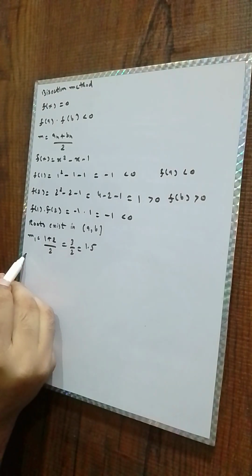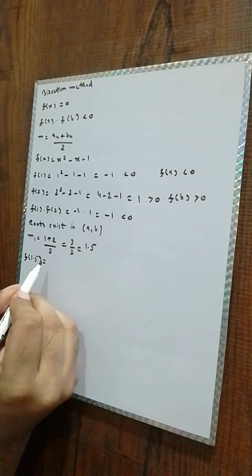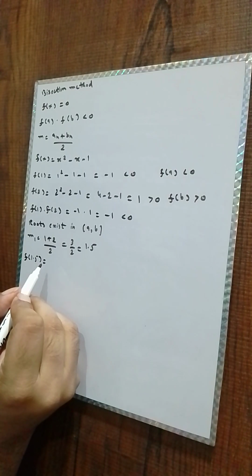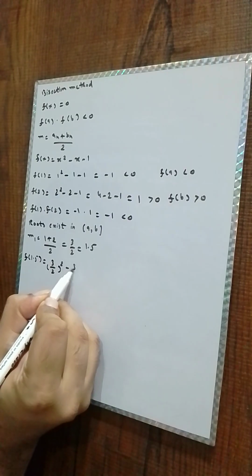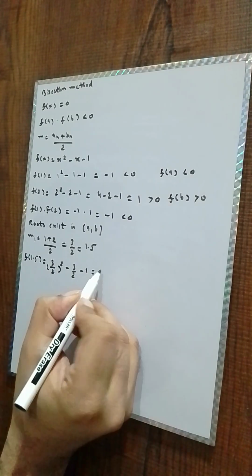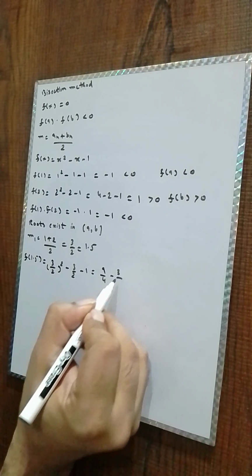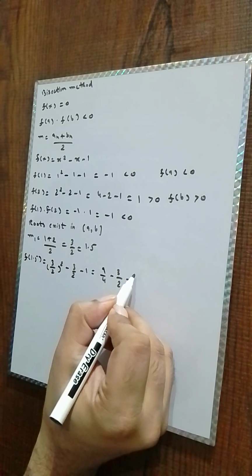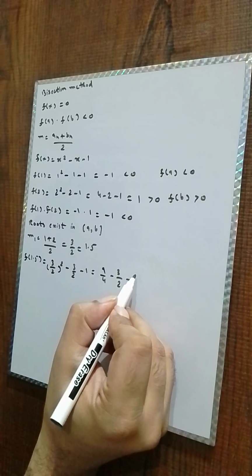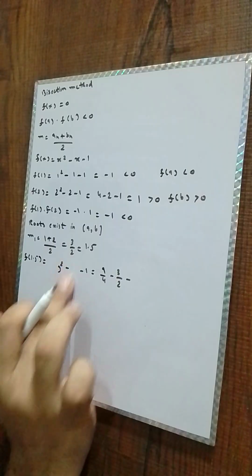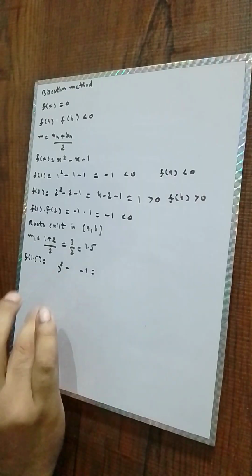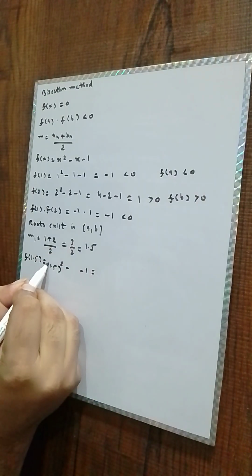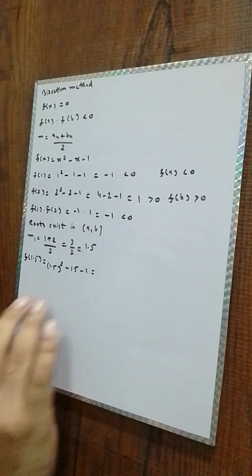Yes, and now we estimate the function at 1.5. So it's 3 by 2 whole square minus 3 by 2 minus 1 is equal to what? 9 by 4 minus 3 by 2 minus 1. Alright, we just simply put the decimal values, 1.5 square minus 1.5 minus 1.